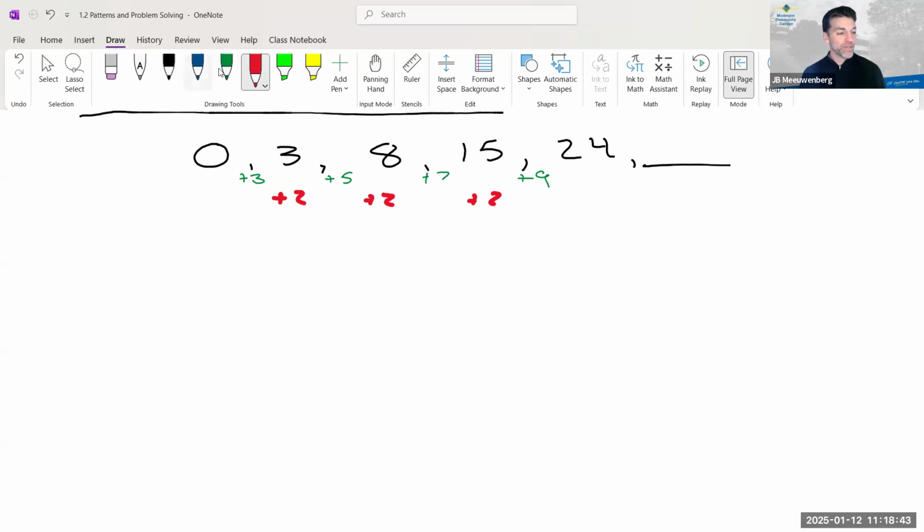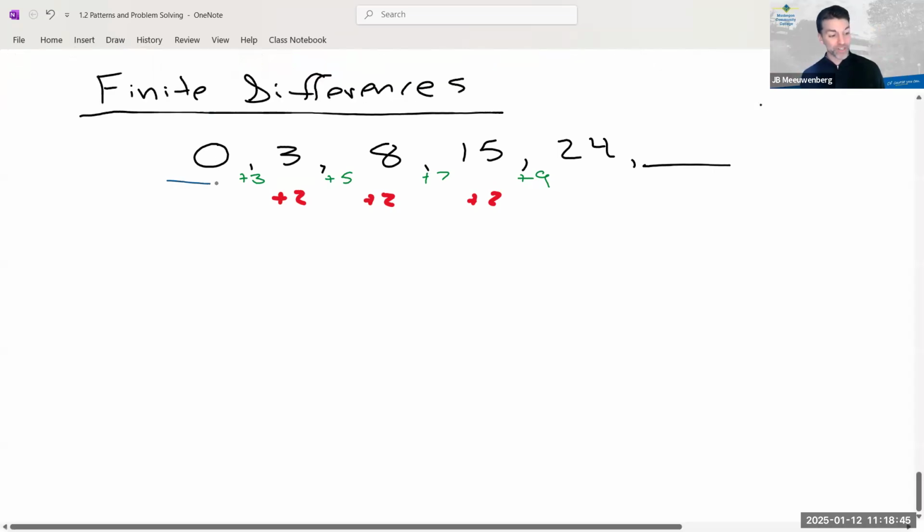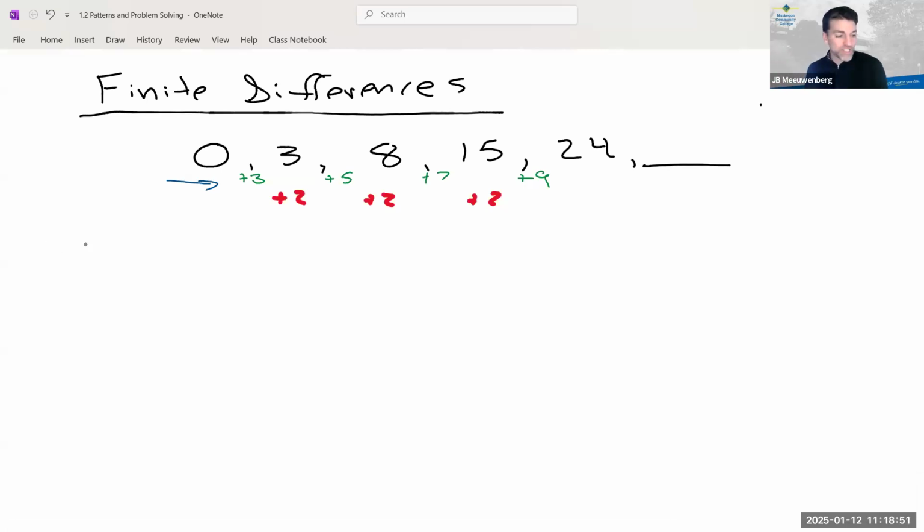Sometimes it's not the first level of differences; the first level almost establishes a new sequence. It's this second level of differences. If that is common, this approach is called having finite differences.